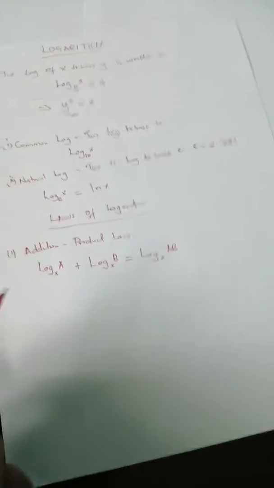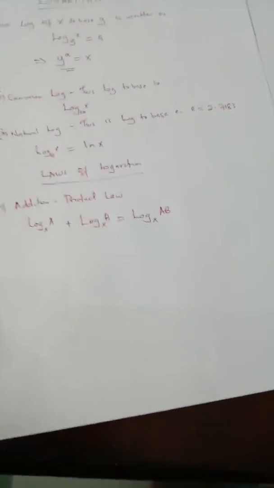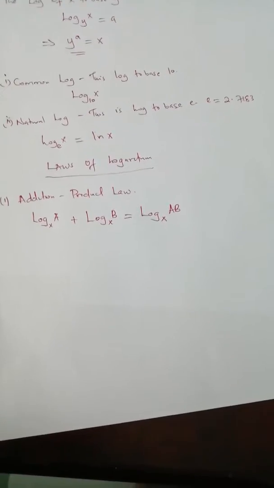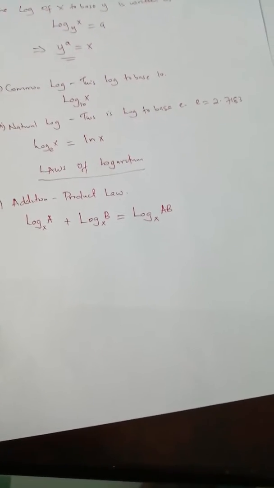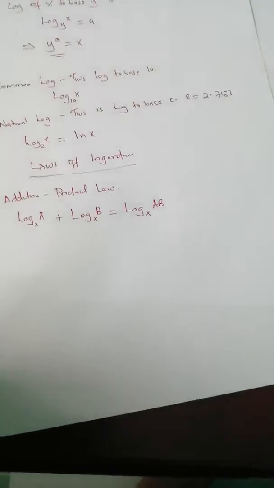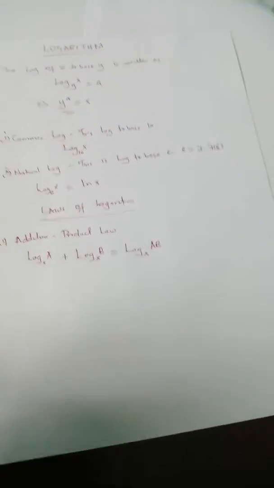So if you are adding two logs with a common base, the determining factor here is that the two logs must have a common base. Then you just pick those numbers that you are getting the logs of and you multiply them, then the base remains. So we can do an example.